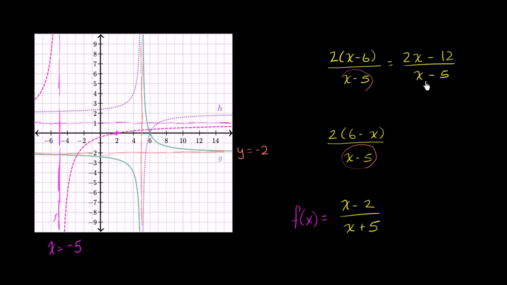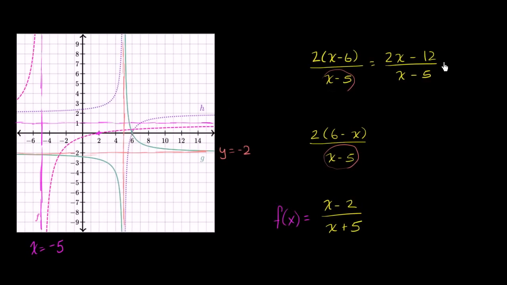For very large x's, the negative 12 and the negative 5 aren't going to matter as much. So as x approaches infinity, this is approximately 2x over x, which would be approximately equal to 2. G's asymptote isn't at 2, it's at negative 2.